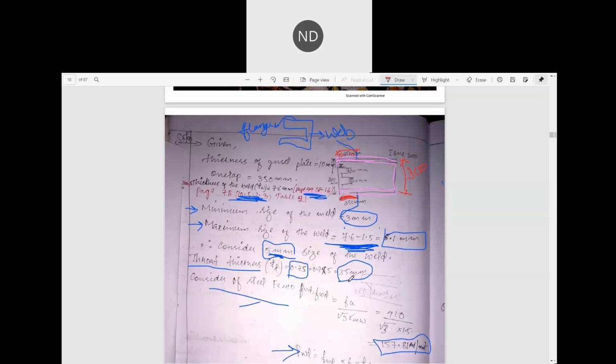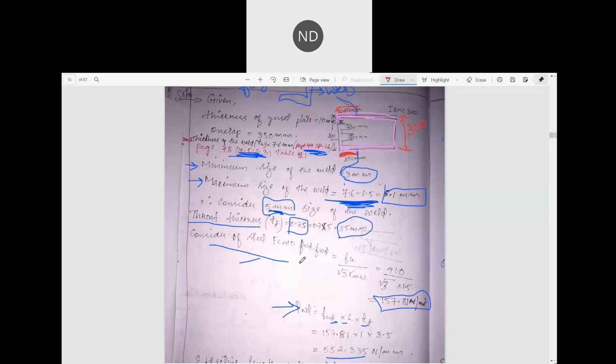If I tell you now, this one was 350, plus we have 350, plus we will have 300. Total length of the weld is 350 plus 300 plus 350, which is equal to 1000 mm.